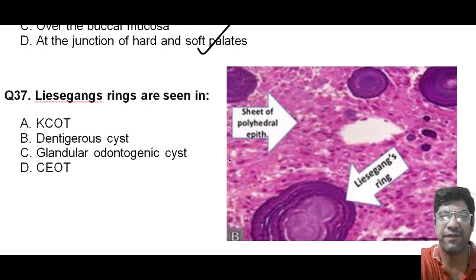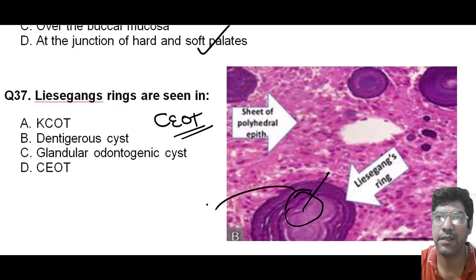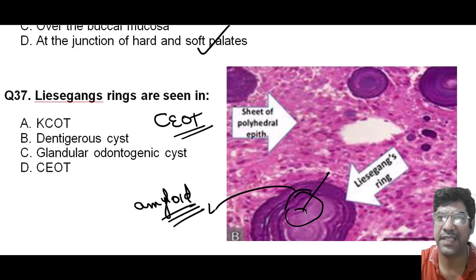Liesegang's rings are found in CEOT. That is, Liesegang's rings are distinctive histological features in CEOT. These rings represent the amyloid-like material, and they appear as concentric rings in the circles.